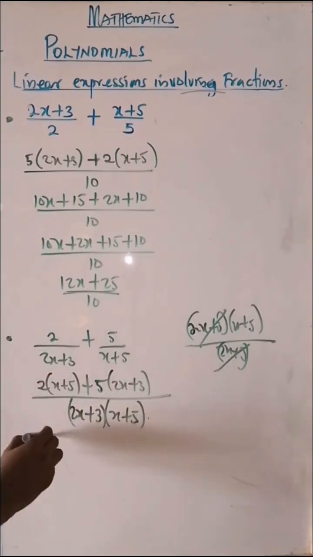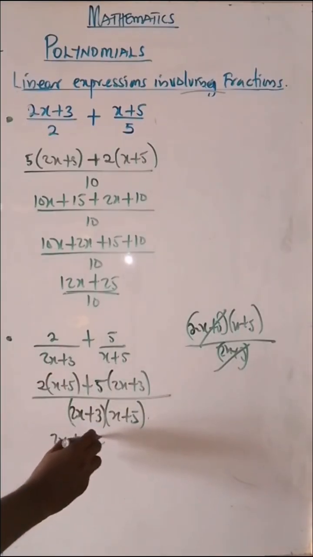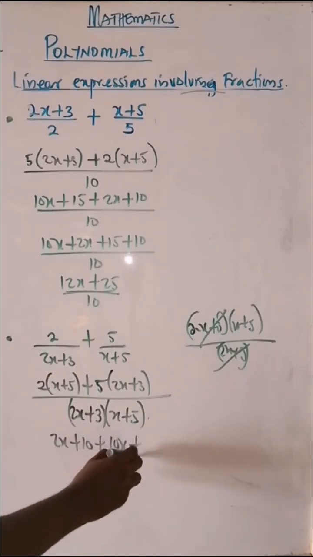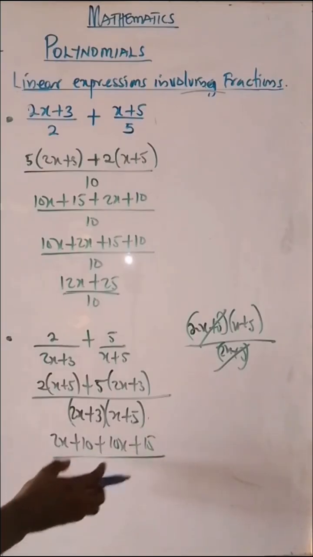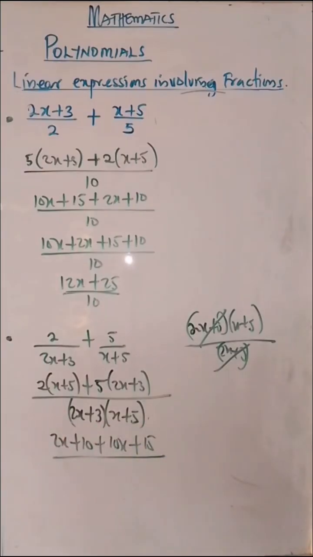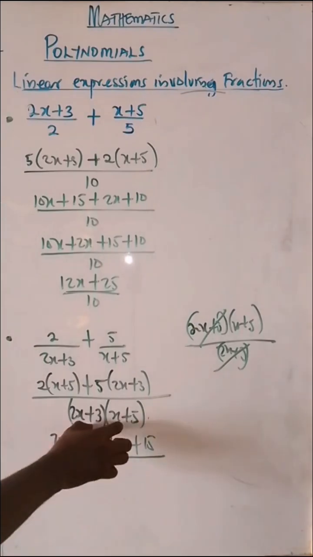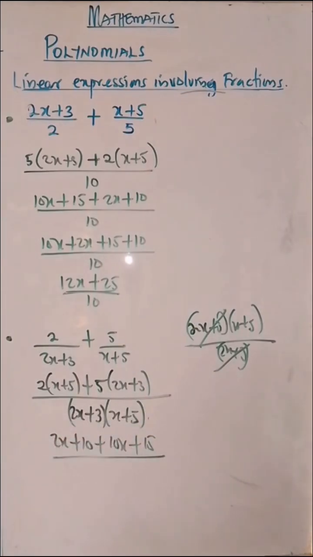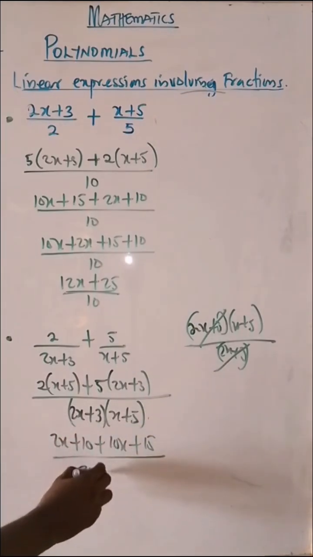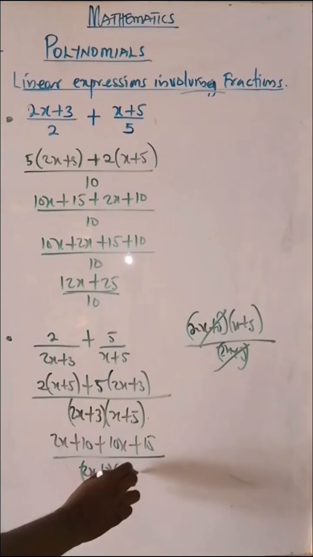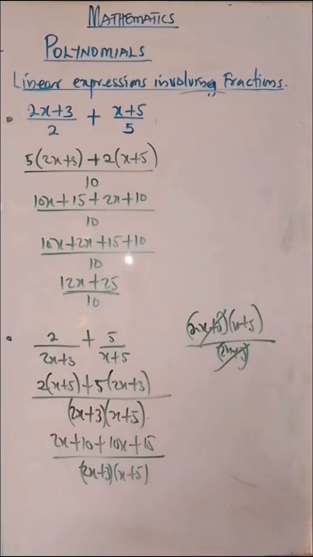Now 2 times x, 2x, 2 times 5, 10, 5 times 2x, 10x, 5 times 3, 15. Everything over. Now we have two brackets. I have not explained expansion of two brackets, and the good news is you are not even meant to expand the denominator. So you leave the answer as 2x plus 3, x plus 5. Next is to rearrange what we have here.